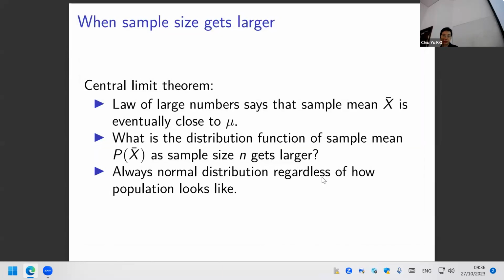And we have another one. Although we know there will be no more uncertainty at infinity, there's still some probability of error unless you go to infinity, right? And even before that, how would the distribution look like? We don't know when n is small, but we always know when n is big enough, then it's a bell curve, okay?